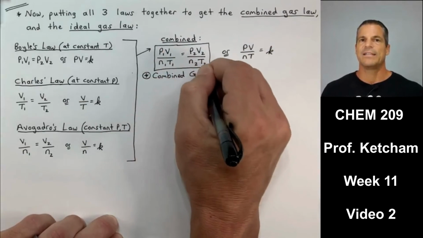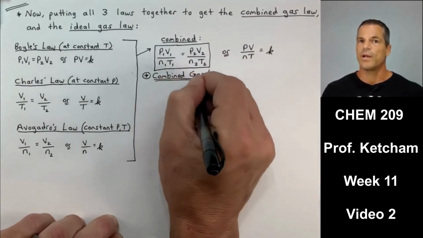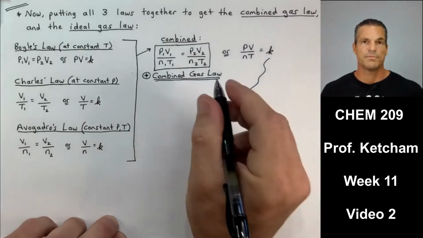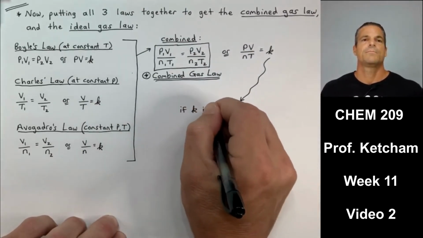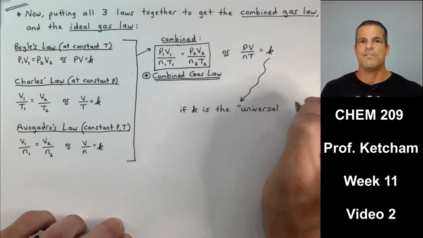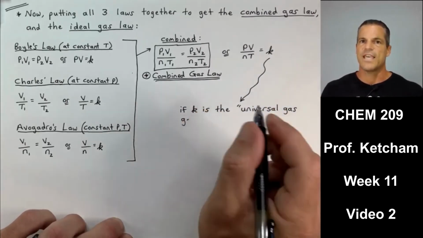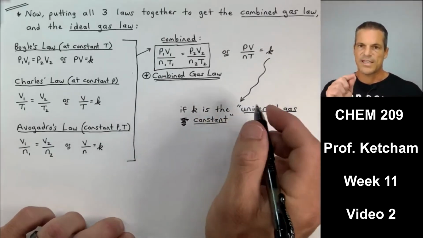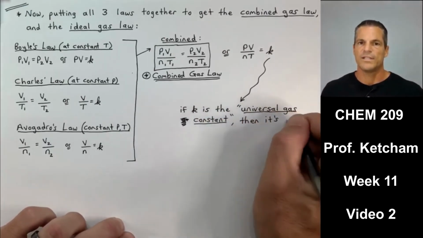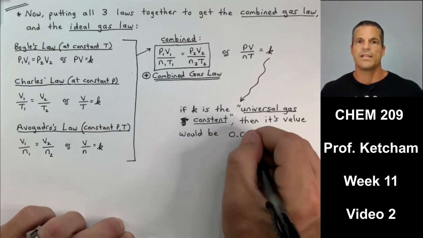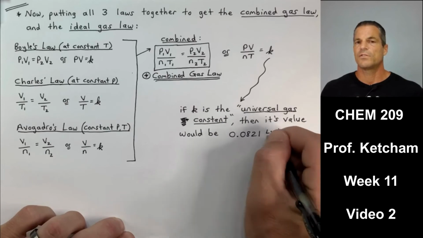This is my combined gas law, and I've put a box around the one that we use the most when we're asked problems in chemistry to solve for. So it says on the right hand side, the one that's not boxed, PV over NT equals K, some constant K. Well, if I say, hey, I'm going to make K equal to 0.0821 liter atmospheres per Kelvin per mole, which I'm writing down right now, that is the universal gas constant.